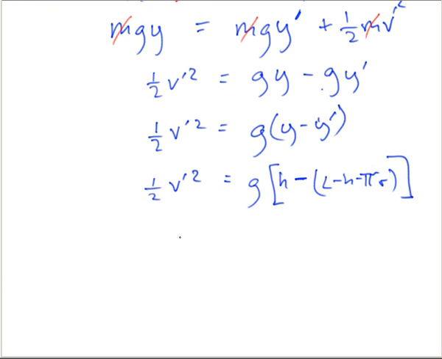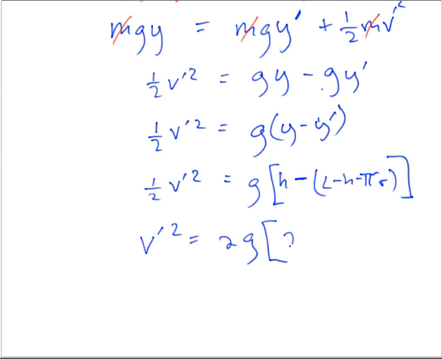I'm going to multiply both sides by 2, 2g, and I'll also play around with the inside here. So we got h minus L minus minus h, which is 2h.